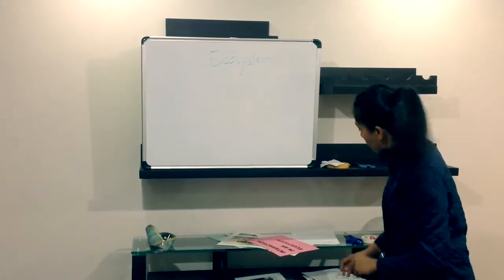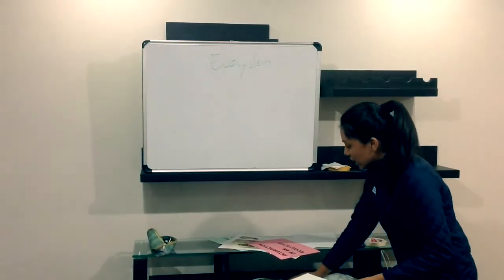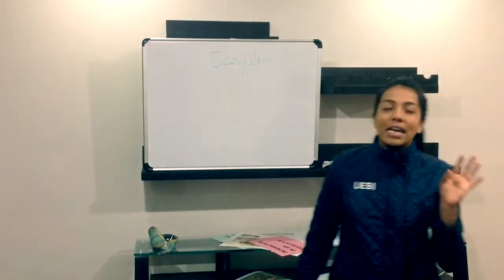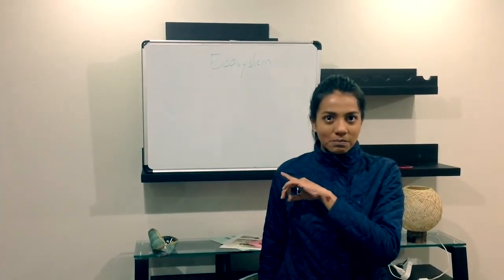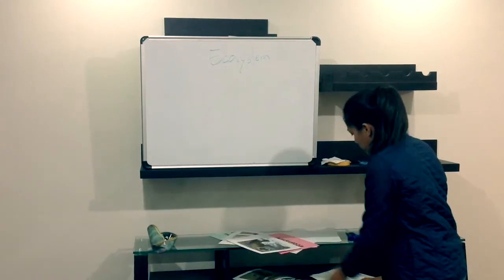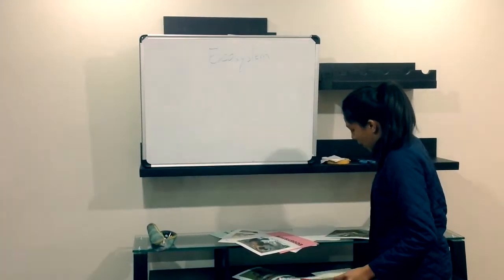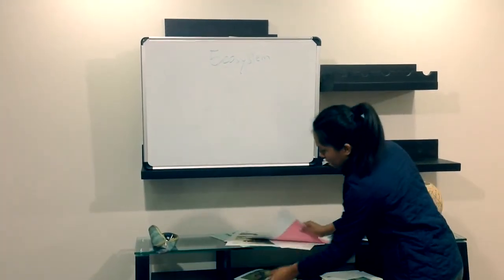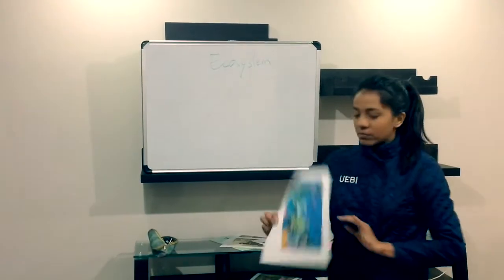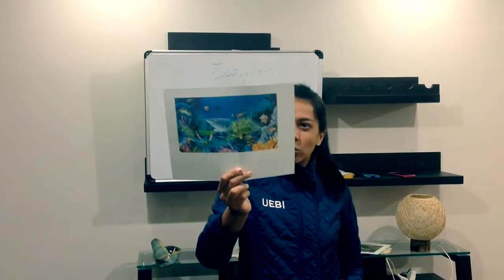And the last topic that we covered is going to be about the 3 types of ecosystems. We remember that there were 3. I'm going to show you the pictures. Picture number 1 is going to be this beautiful ocean.